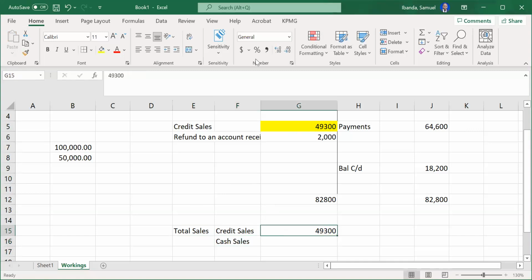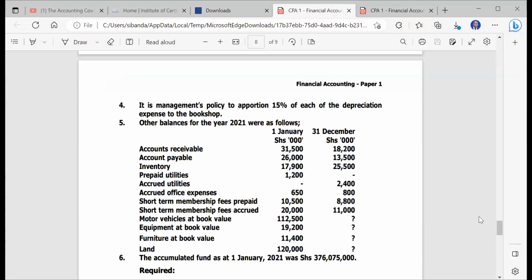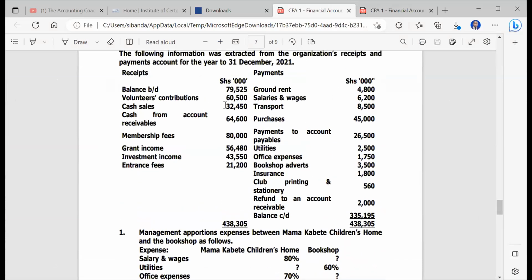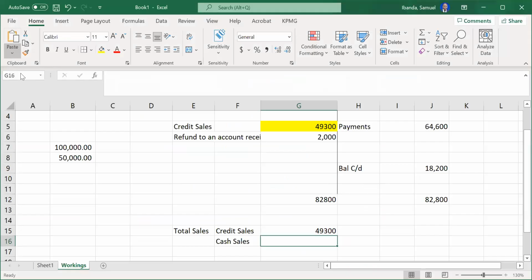And how do I get the cash sales? I go to my receipts and payments and get them. My receipts and payments had cash sales of 32,500. So that is what I have.